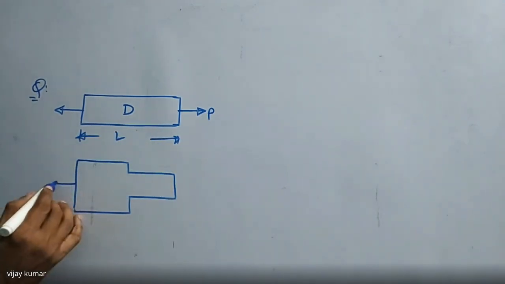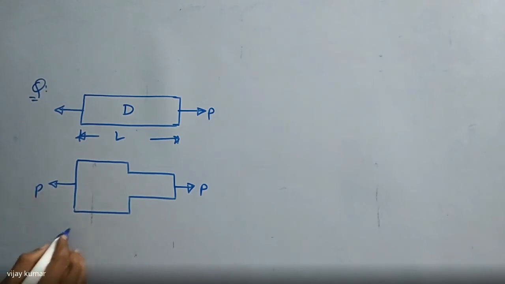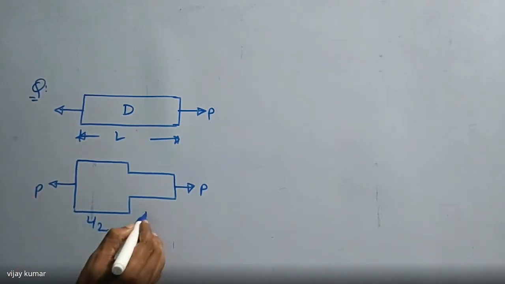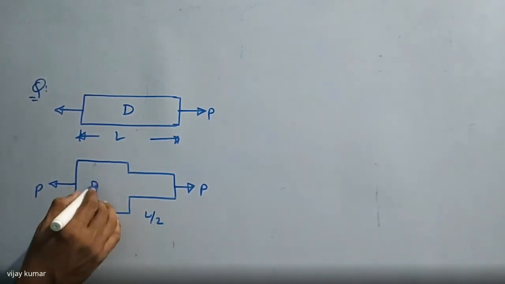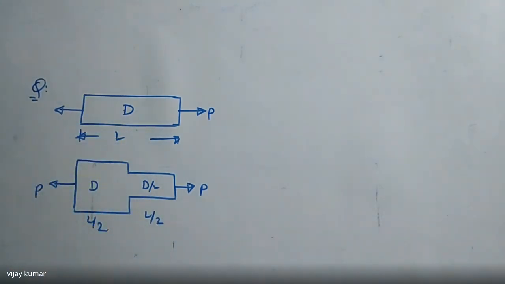This is also subject to the same tensile force of P. This length is L by 2, and this is D, and this is D by 2. So both are the same. Right, so these are the two diagrams given.